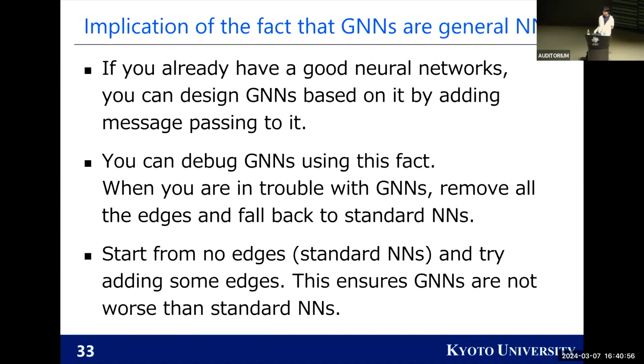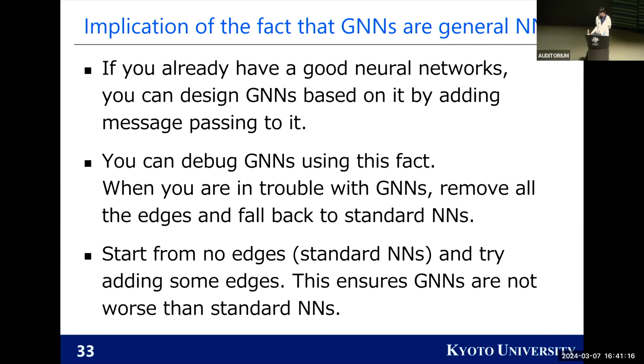This generality has many implications in practice. First, we can use this fact to design graph neural networks. If you already have a good neural network for the task at hand, you can design GNNs based on it by adding message passing to it.